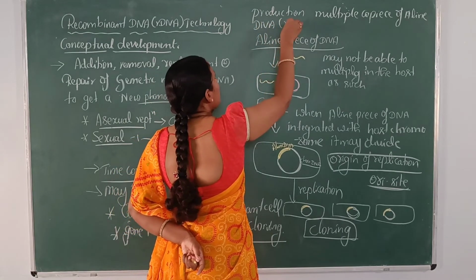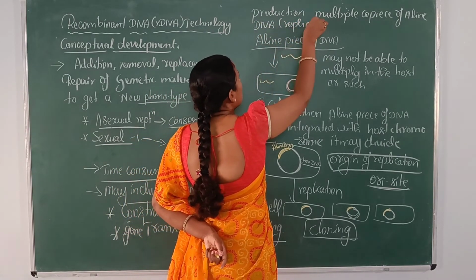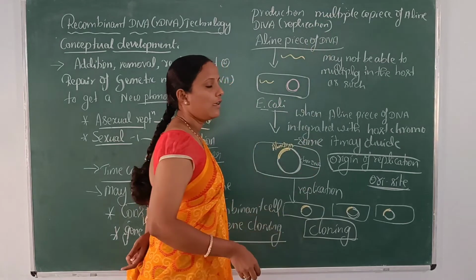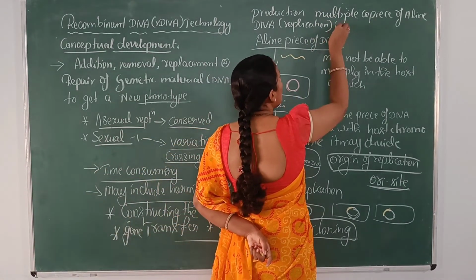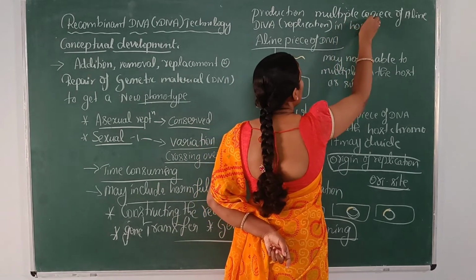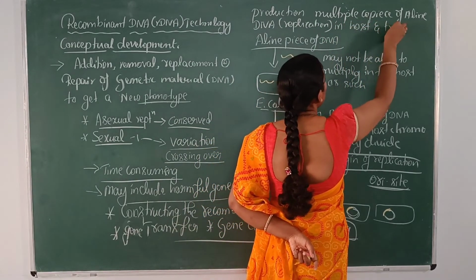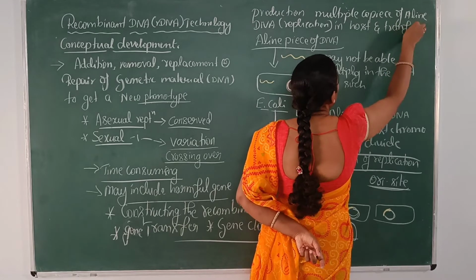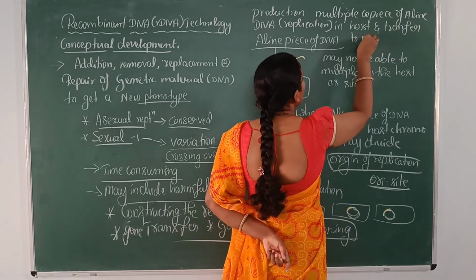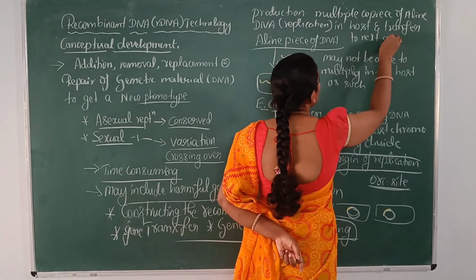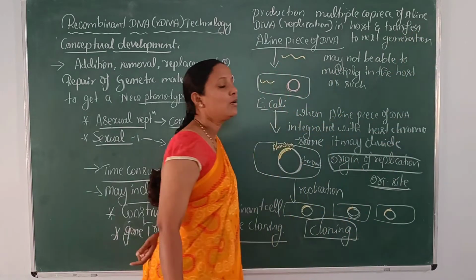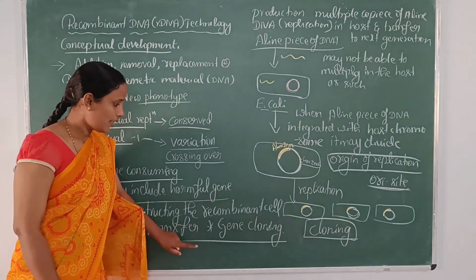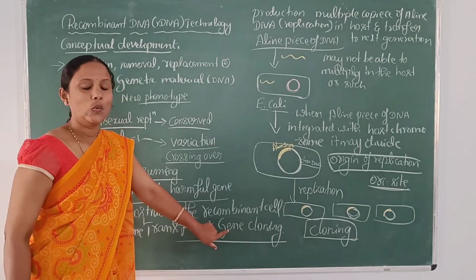It happens upon replication of the alien piece of DNA in the host and transfer to the next generation. That is called cloning. So what I explained here is gene cloning.